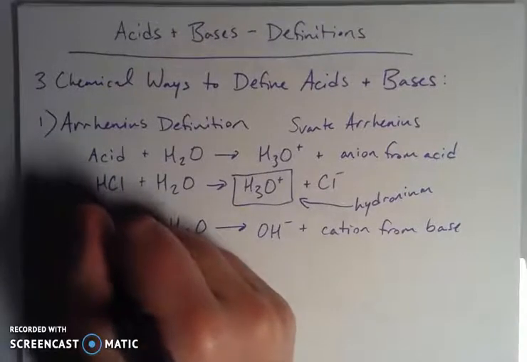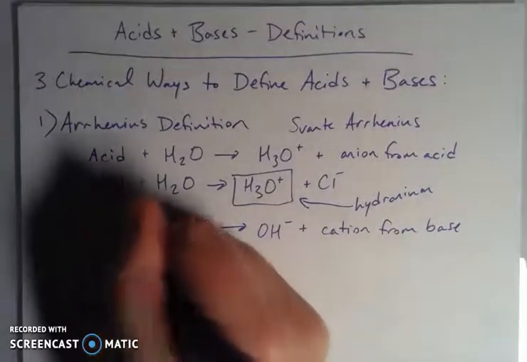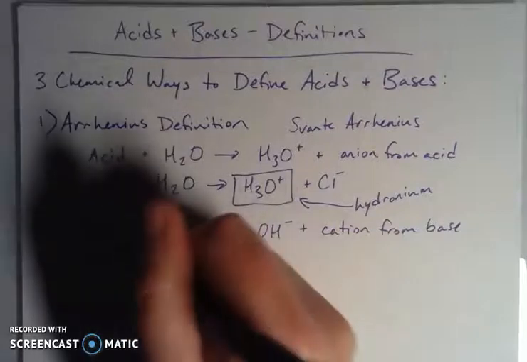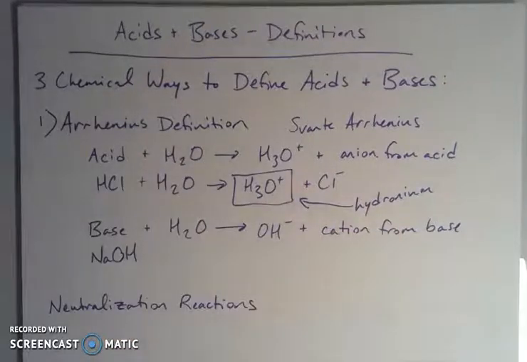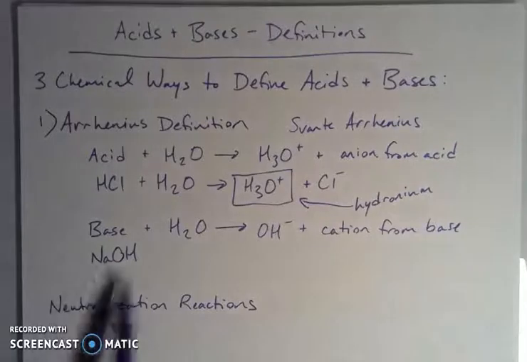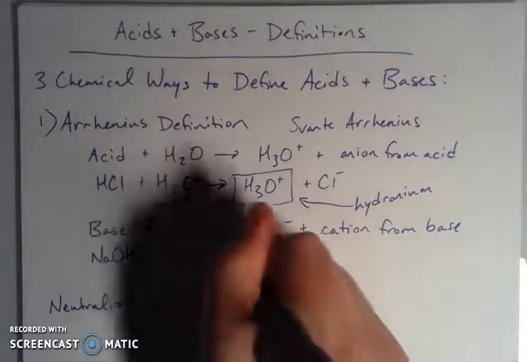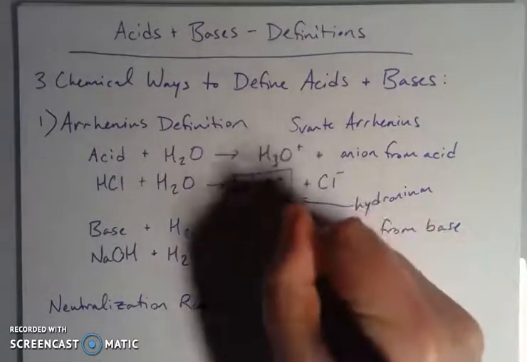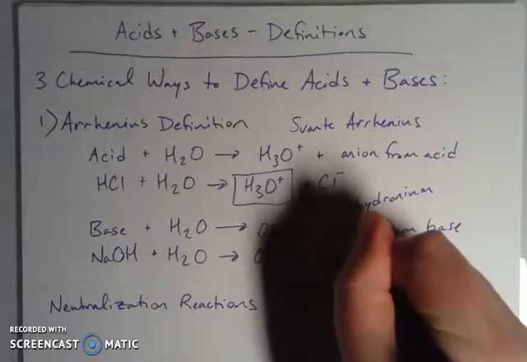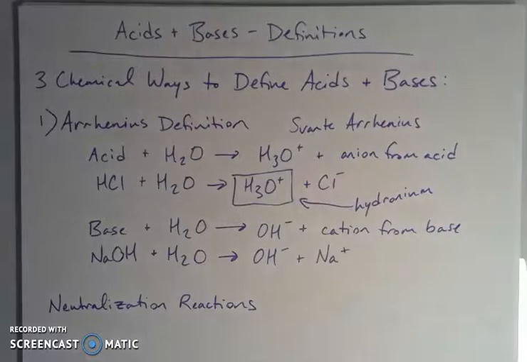So if we think about sodium hydroxide, which again is the go-to example for a base, all first and second group metal cations paired with a hydroxide are strong bases, except for beryllium. And when we react that with water, then we end up with hydroxide and sodium. Now you'll note that I don't have water in my products here, so if I was trying to balance this reaction, it wouldn't work very well.